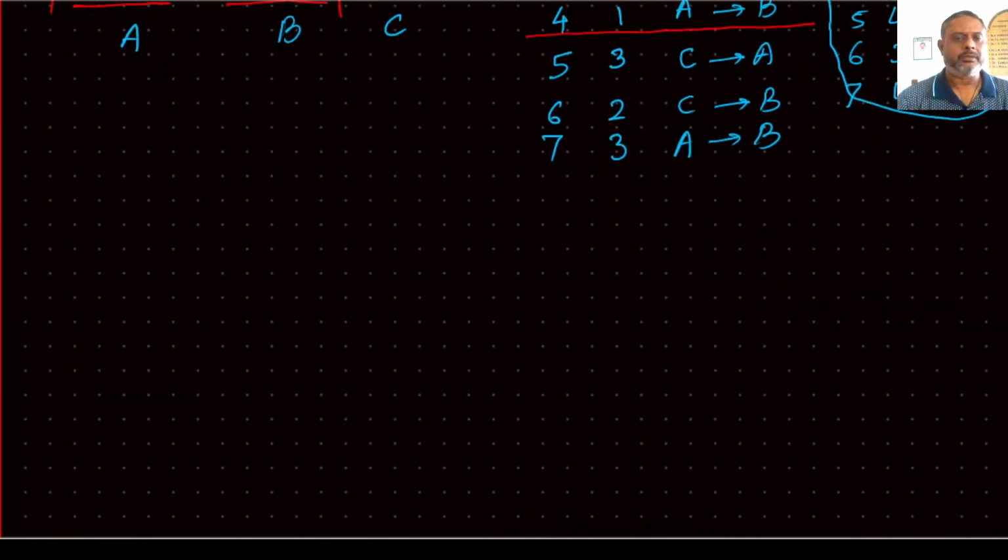Now there are n slabs. So there are n here, nothing here, nothing here.